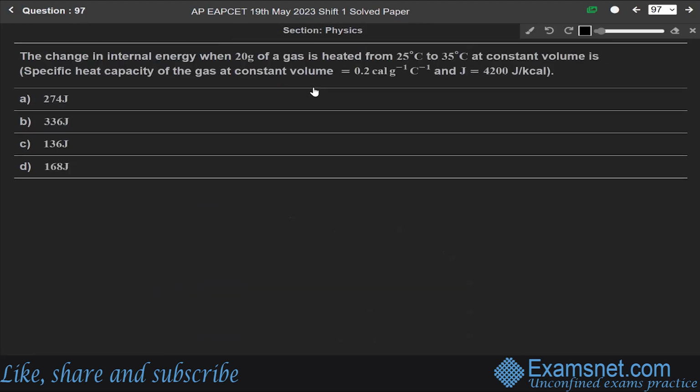Now next question 97. The change in internal energy when 20 gram of a gas is heated from 25 degrees Celsius to 35 degrees Celsius at constant volume is. Okay. So this question is from the chapter of kinetic theory. So we have to find the change in internal energy at constant volume.